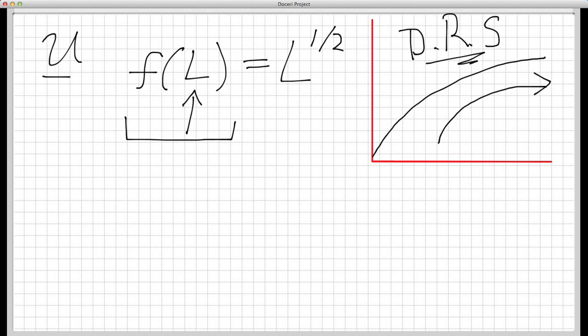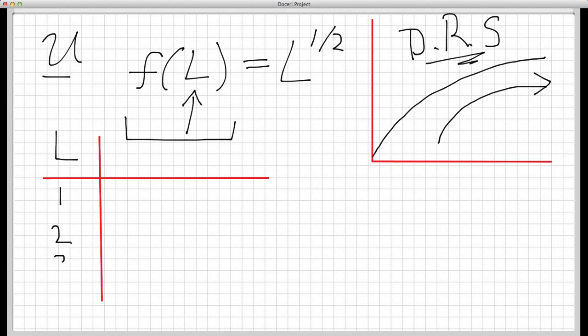Okay, now that we know that the firm has this technology, it puts L in, it gets L to the 1/2 output out. How much output does the firm get from certain amounts of L in? Well, we can make a table to figure that out. Okay, and I'm just going to write L, 1, 2, 3, 4.